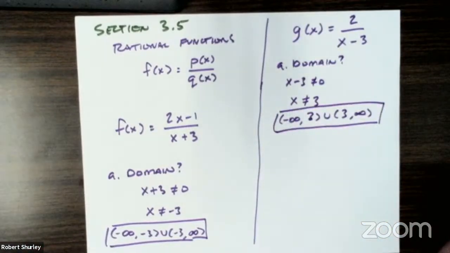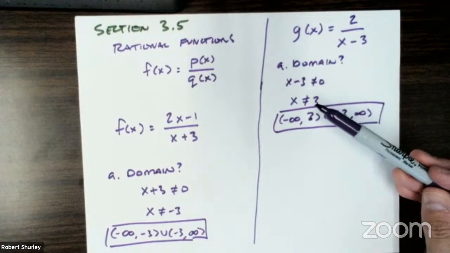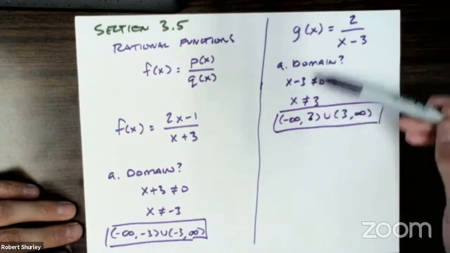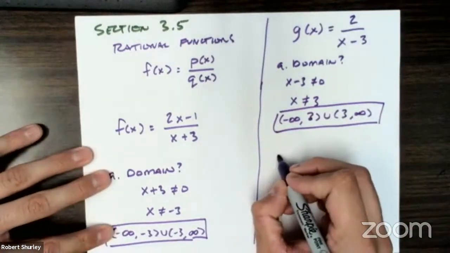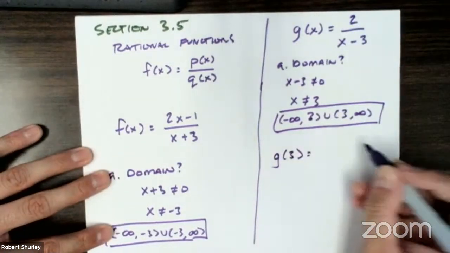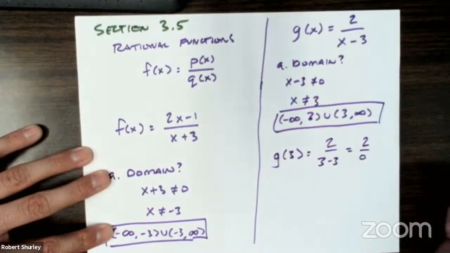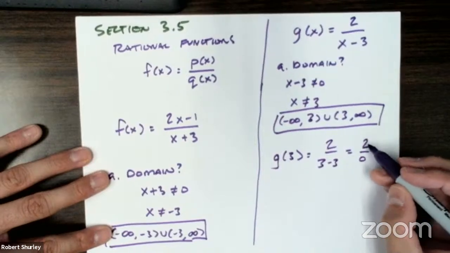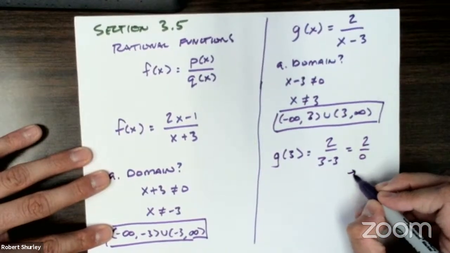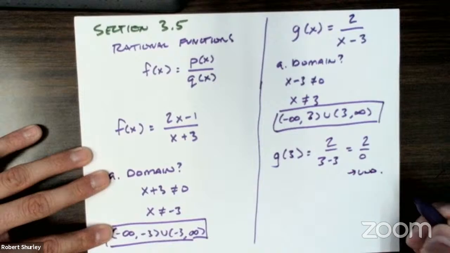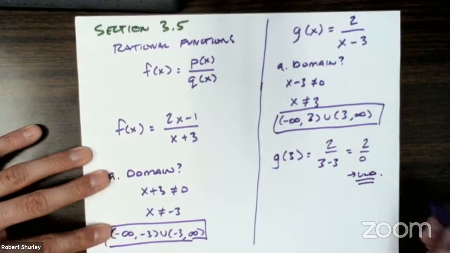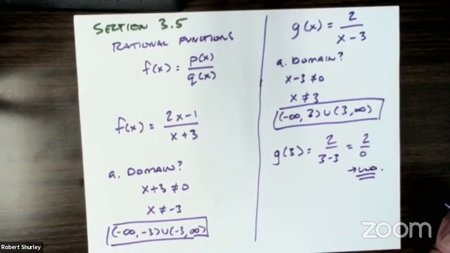Well, now section 3.5 starts with what is happening at 3, right? We can't plug 3 back in. So if I tried to plug 3 in, I get 2 over 3 minus 3. I get 2 over 0. And remember, anything divided by 0 technically is undefined. So we can't graph it because it's not a number. It's undefined, right?